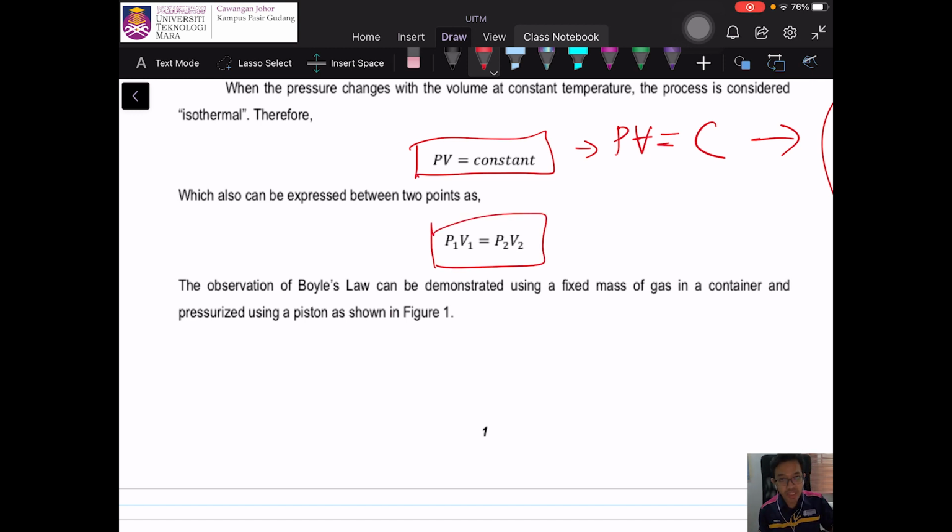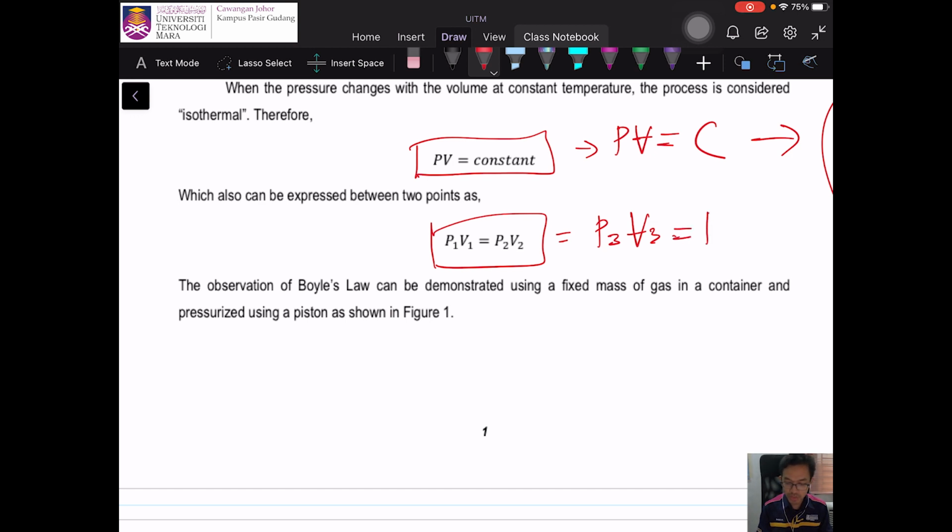It means that when you multiply each pressure with its corresponding volume, you get the same constant value even when you change the pressure. The same goes for the next data set: for P3 you get V3, and multiplying P3 and V3 gives the same value.